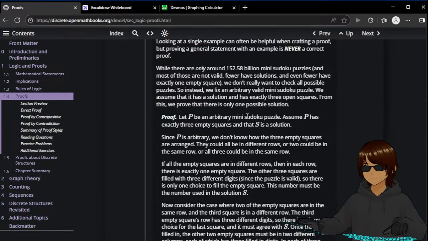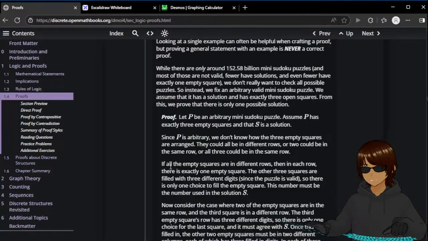Let P be an arbitrary mini Sudoku puzzle. Assume P has exactly three empty squares and that S is the solution. Since P is arbitrary, you don't know how the three empty squares are arranged. They could be all in different rows, or two could be in the same row, or all three could be in the same row.